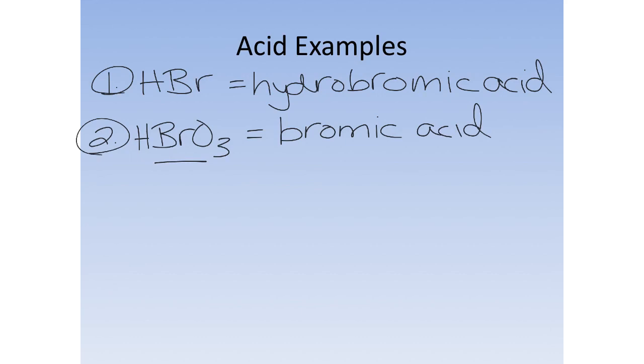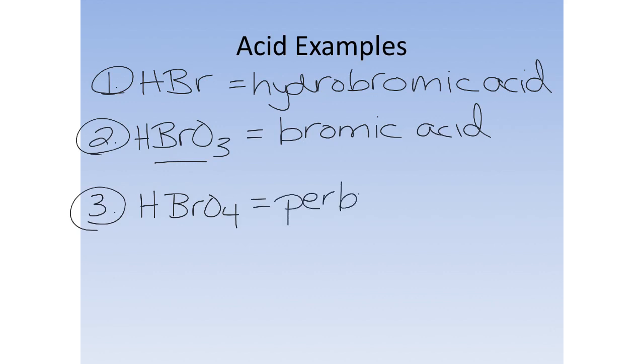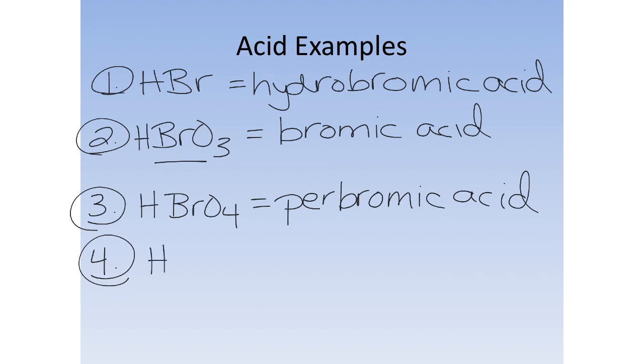Now we also have perbromate. If it's with the H, then it would be perbromic acid. So same thing, it just has the per on there. Okay, then we could also have HBrO2.